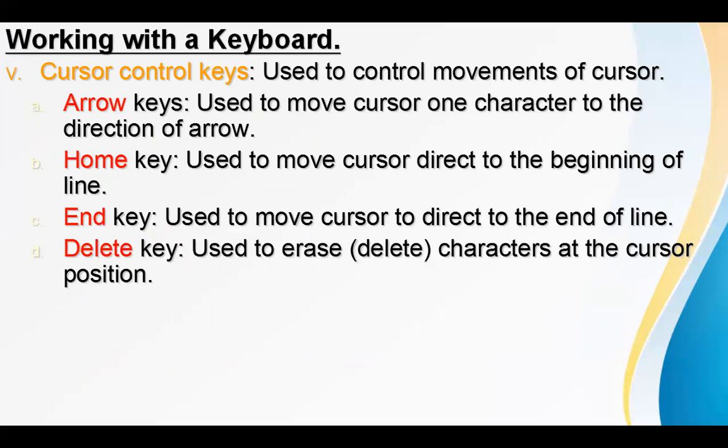They are used to move the cursor or a pointer one character in the direction of an arrow. The Home key is used to move the cursor directly to the beginning of the line. The End key is used to move the cursor directly to the end of the line, and the Delete key is used to erase characters at the cursor position.